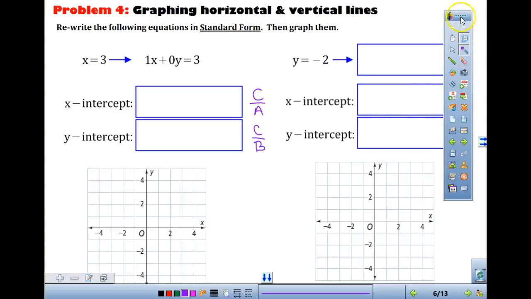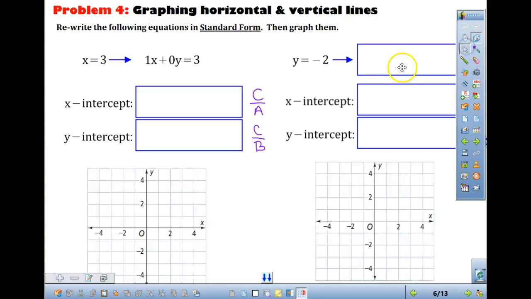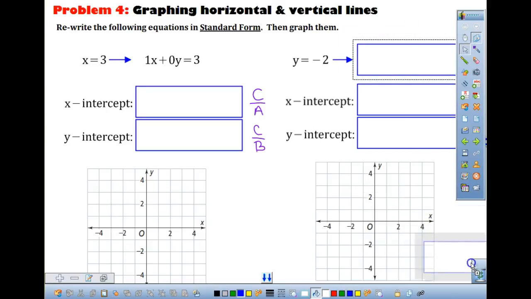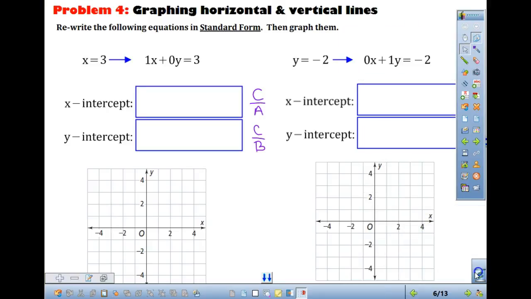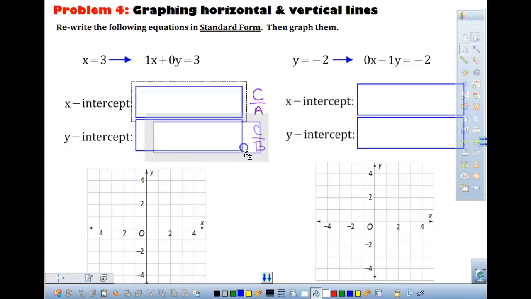Okay. If we are looking at this second equation, y equals -2. In standard form, it would be 0x. Do you agree? Plus 1y. So if we are looking at that one, so now, first one if we are looking at our x-intercept, we're going to take c and divide it by a.